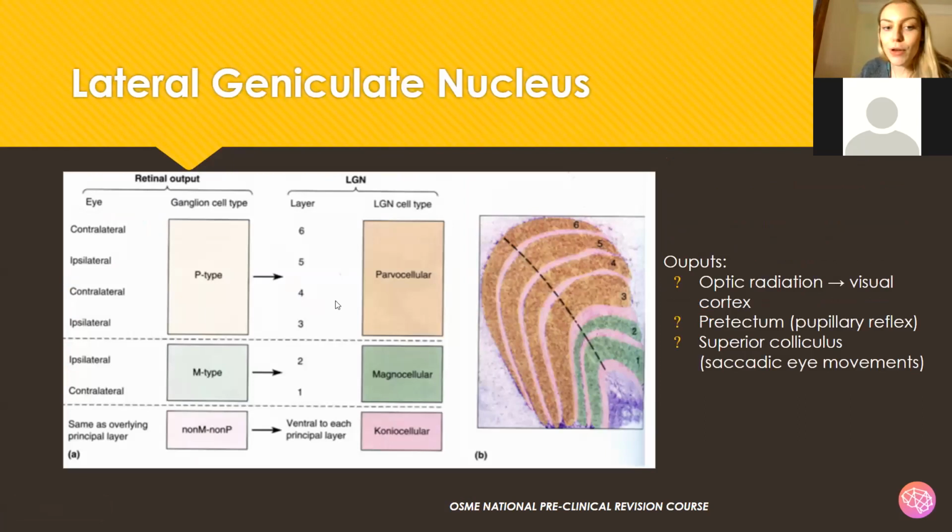Okay, and then input from the 2 retinas is kept separate within the layers of the LGN. So layers 1, 4, and 6 receive from the contralateral retina, and layers 2, 3, and 5 receive from the ipsilateral retina, as we can see here.